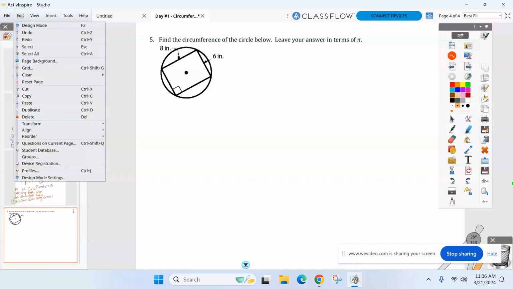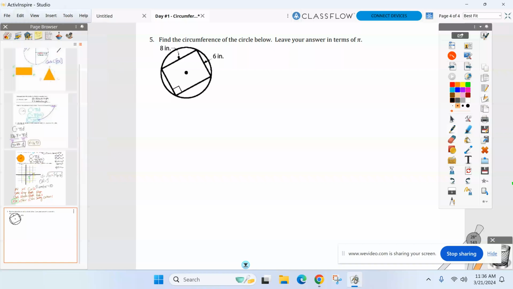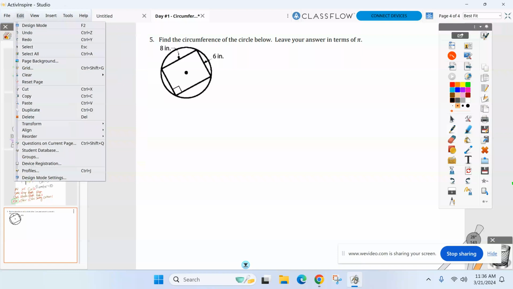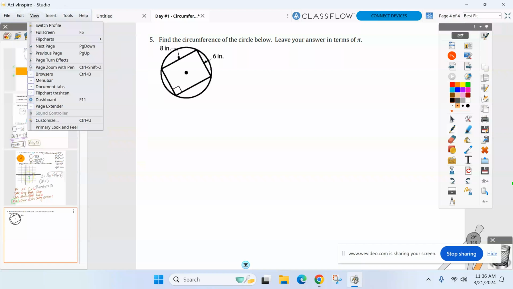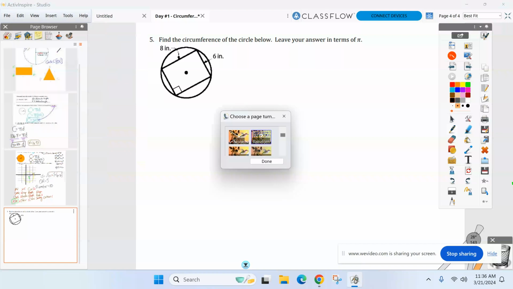Let's see. What do I have? Tools. Where's page turn effects? One, 2, 3, 4, 5, 6, 7, 8, 9, 10, 11, 12, 13, 14, 15. How's there 15? You like missed the.